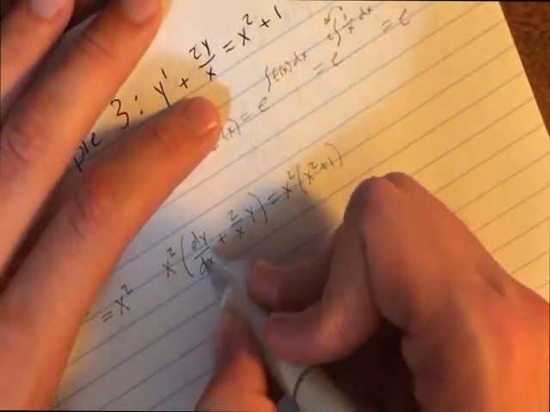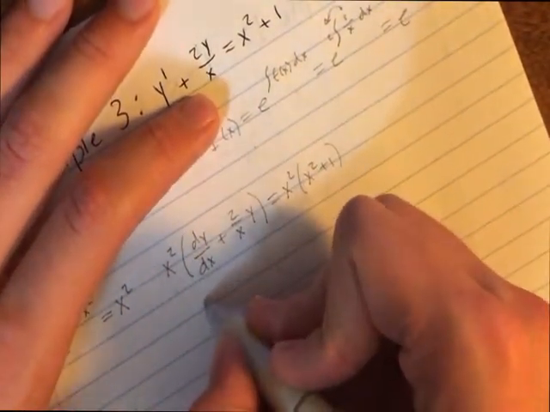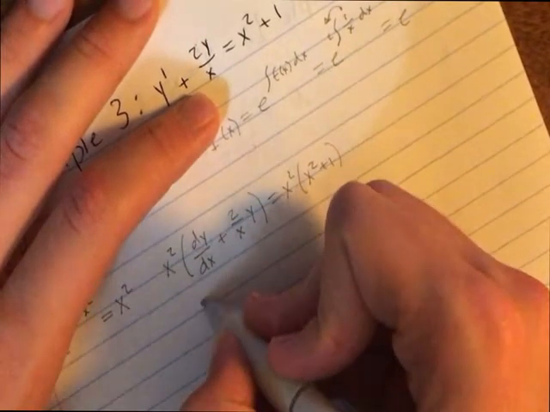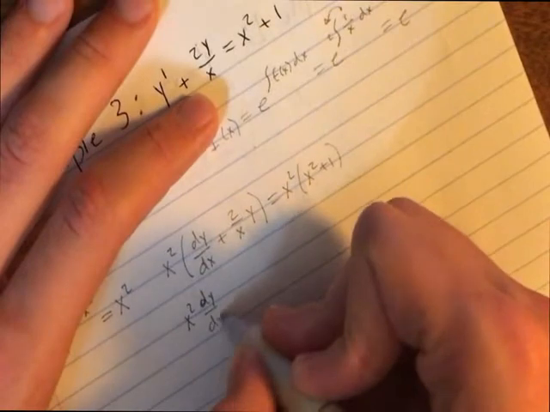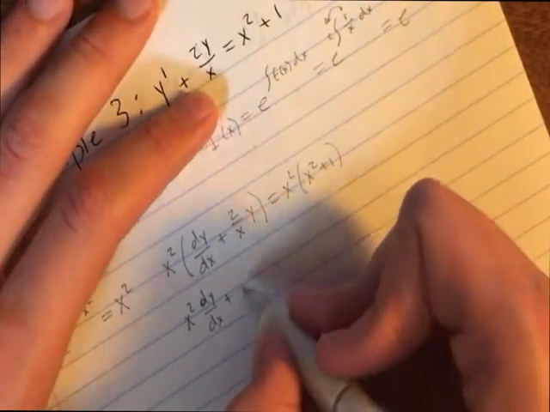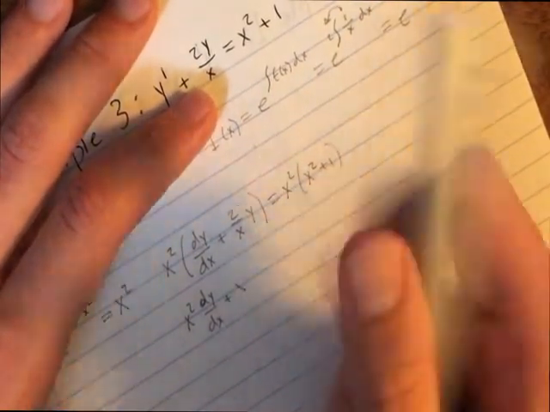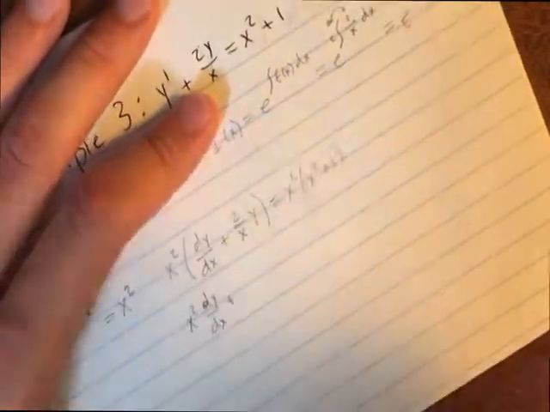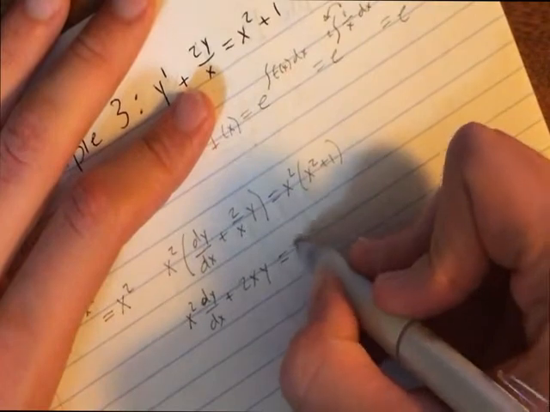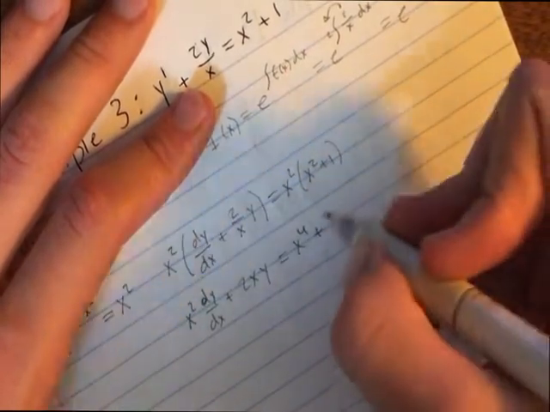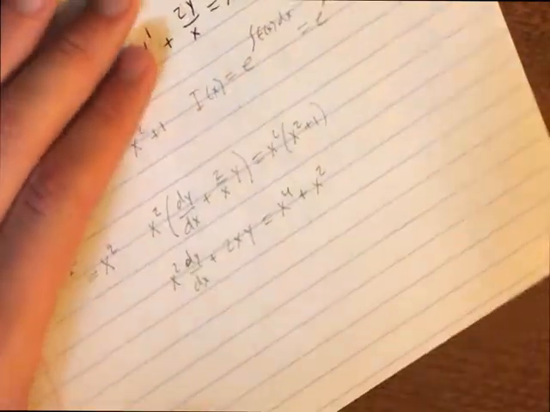This gives us x squared times dy/dx plus 2xy equals x to the 4th plus x squared.